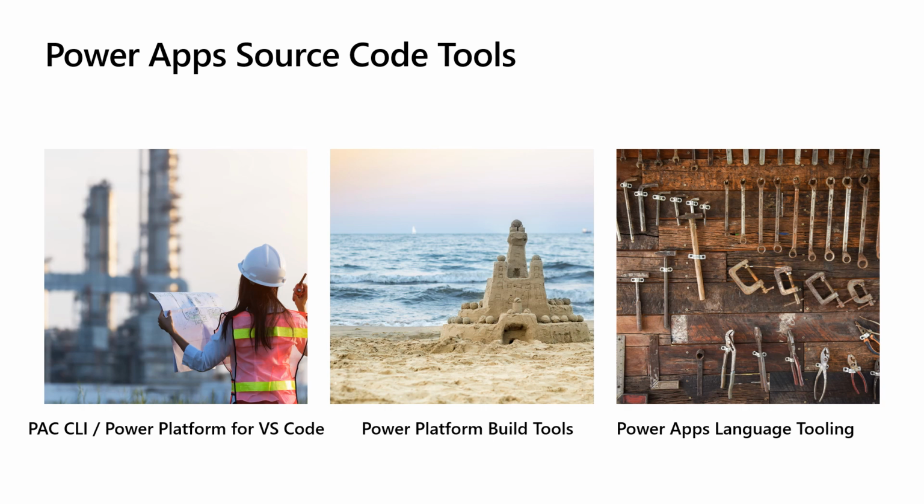The PAC CLI has techniques to export apps, or even take apps that have been downloaded and add them into solutions and put them into development. In the following demos, we're going to use the PAC CLI to show how you can work with an application within a solution and extract it down to the actual elements within the application itself. That'll help with searching for common controls across apps and so on.